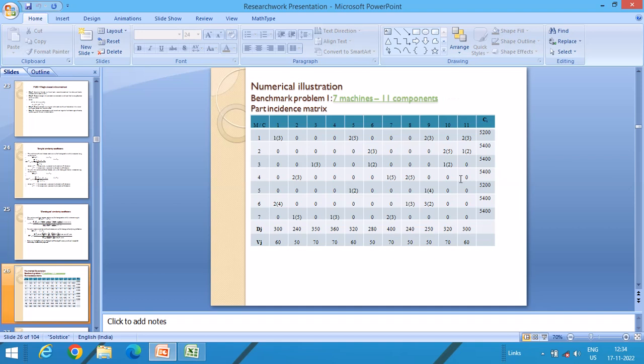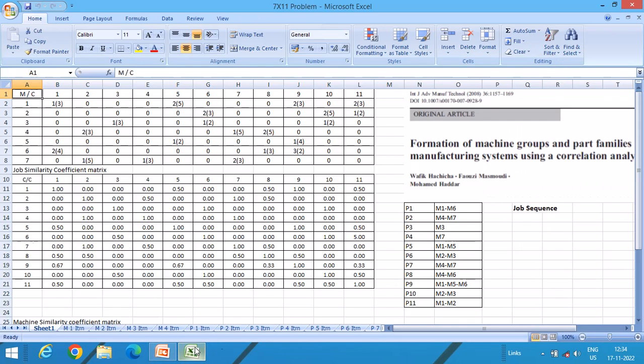So this is the benchmark problem, 7 by 11: 7 machines and 11 components. This is actual data taken from the literature.